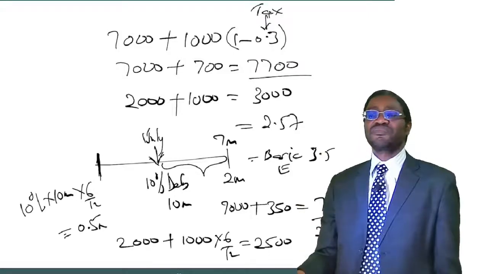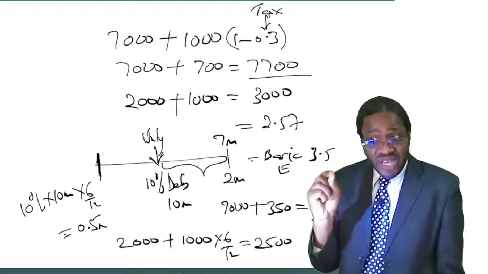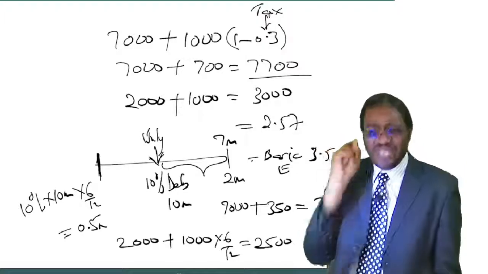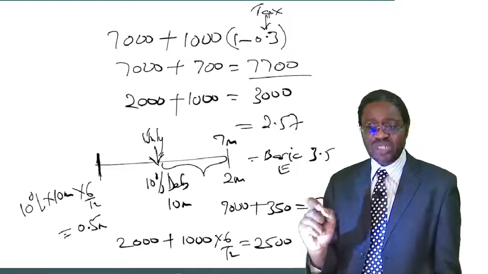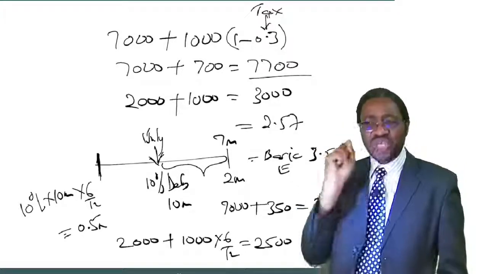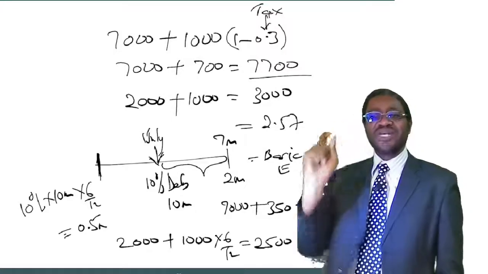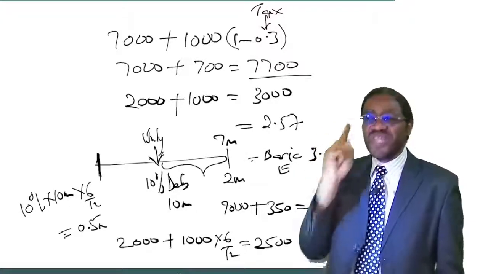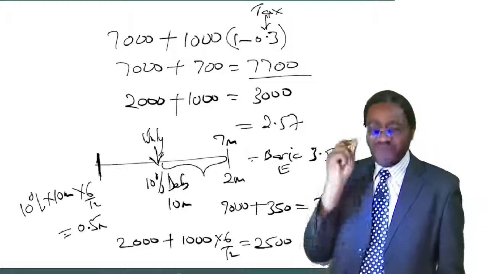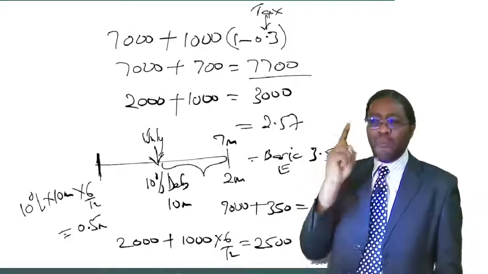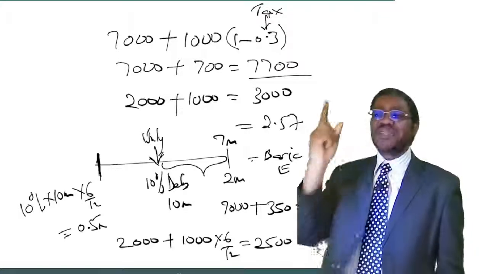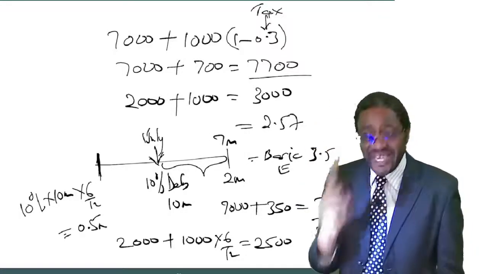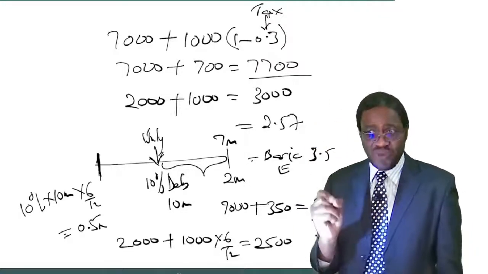But if the debentures were issued in between the year, that's another key point. If the debentures were issued in between the year, the conversion is assumed to be with effect from the date of the issue, which is 1st July.